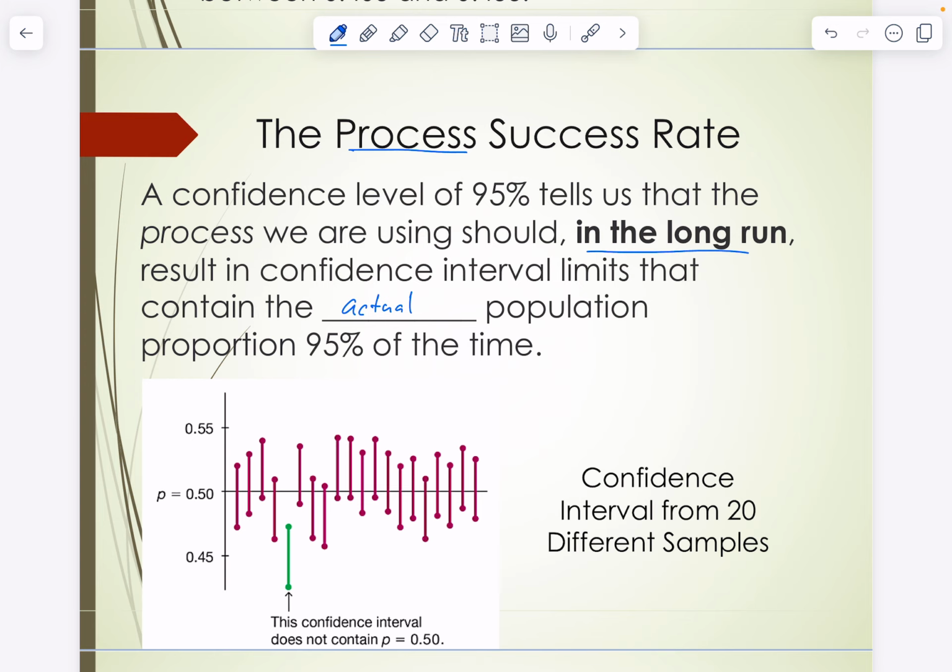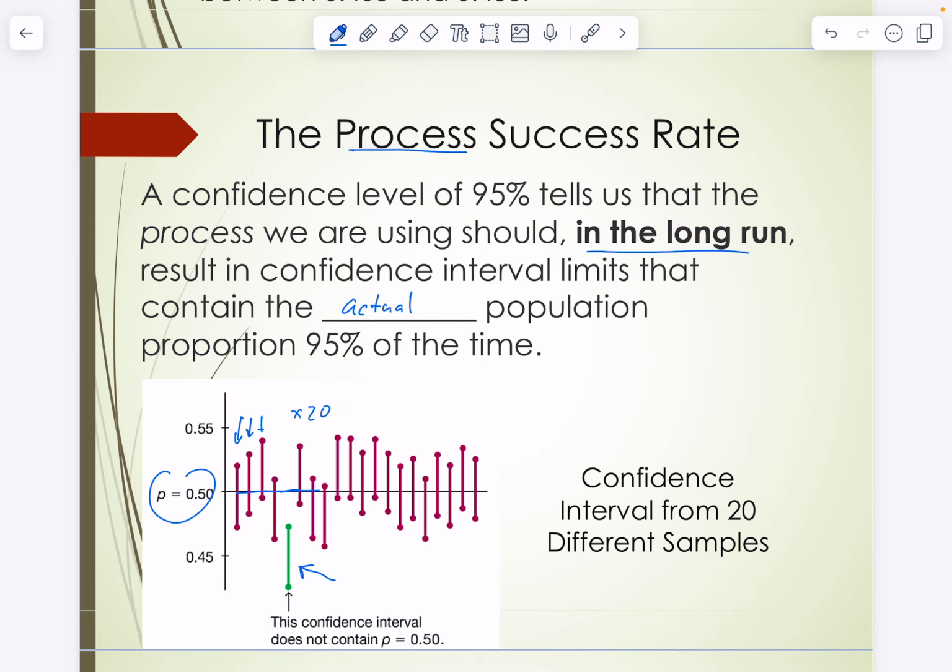So in this case, a sample was taken and a confidence interval was produced 20 times. 5% is 1 in 20. Notice that one of those intervals does not actually contain the true population proportion.